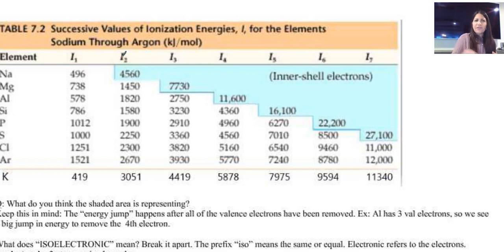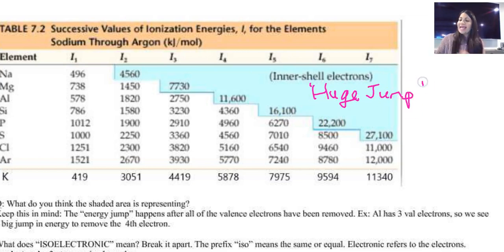Why is it that there's all of a sudden a huge jump at certain points? This is incredible. Where does the huge jump happen? The huge jump happens when the valence electrons are gone. The huge jump takes place once the valence electrons are all removed.